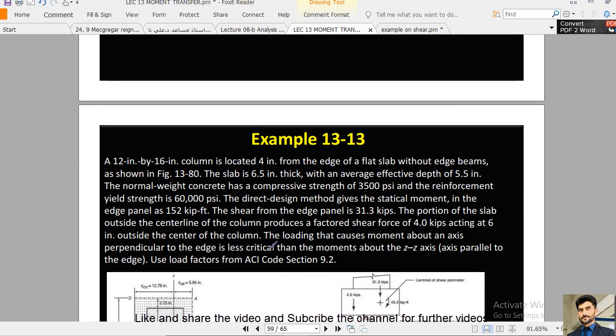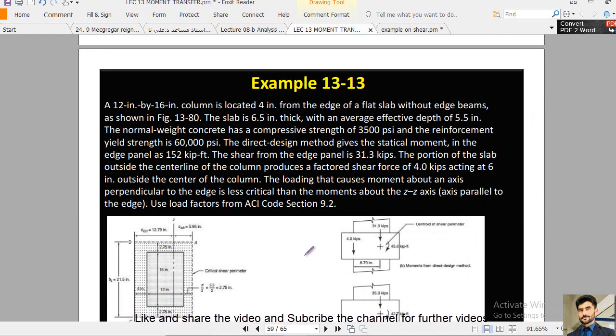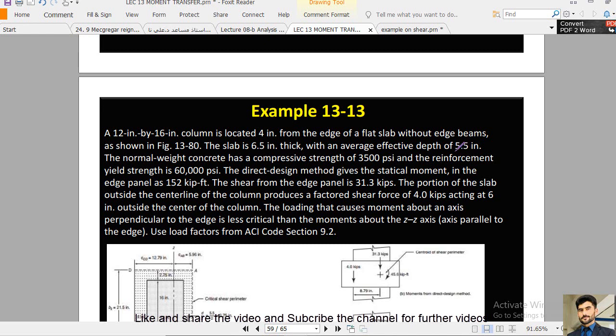This is the statement. Okay, we have a 12 by 16 inch column and a 4 inch cantilever slab, and we already discussed this example a little bit in lecture number 15 and lecture number 14. The slab thickness is given, this is d average, and the strength of the concrete is given, the strength of the steel is given, M0 is given, right? Vu is already given.